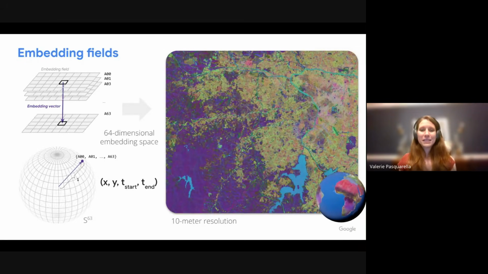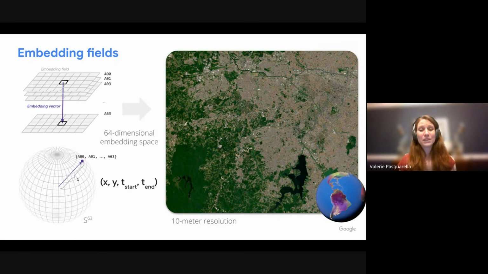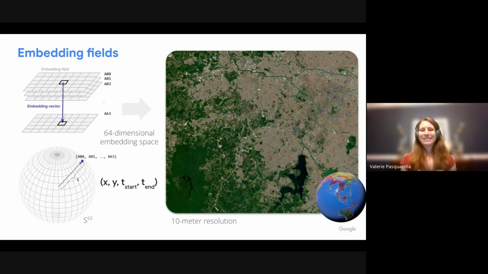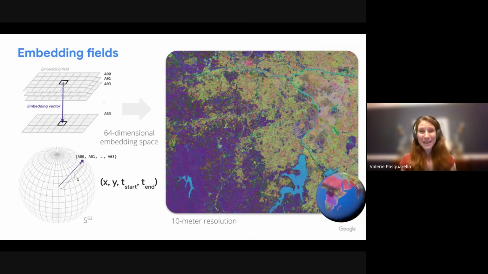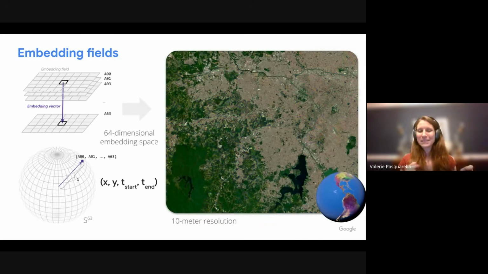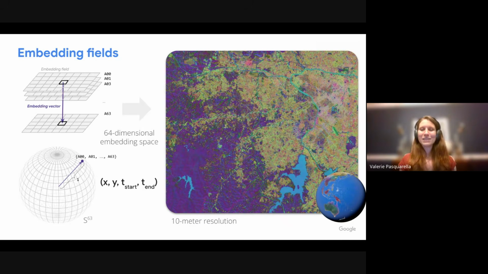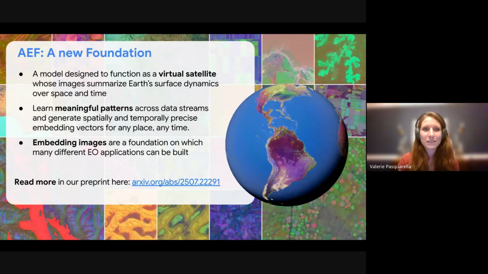And we've got this continuous surface at 10-meter resolution of these embedding vectors. Going back to my first point about dealing with satellite imagery, this is a continuous field of embeddings. There's no cloud cover, there's no scanline gaps, there's no compositing necessary. It is just a continuous surface of these information-rich embedding vectors.